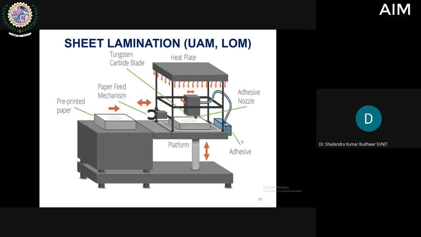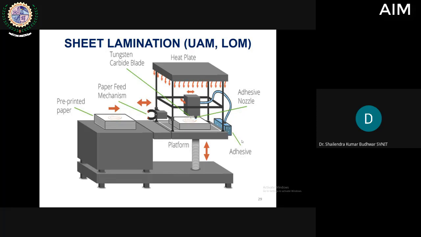Next one is sheet lamination. It is also called ultrasonic additive manufacturing or laminated object manufacturing. Ultrasonic additive manufacturing, as its name suggests, uses ultrasonic welding to join layers of sheet metal. It is mainly used for sheet metal.